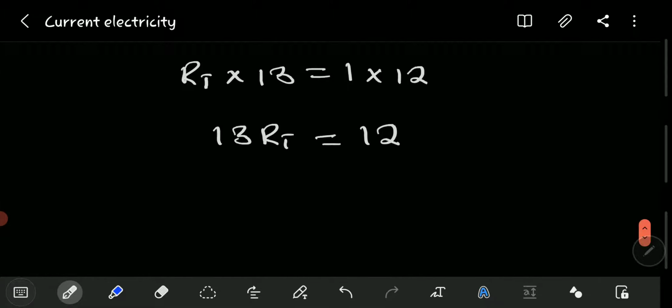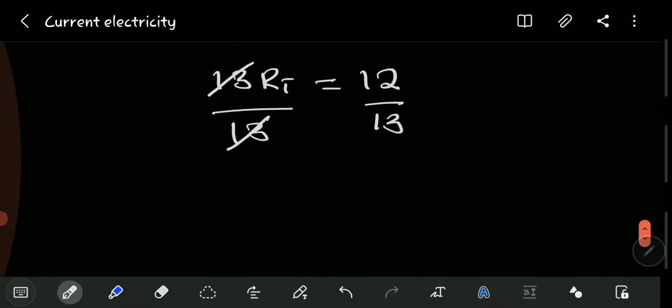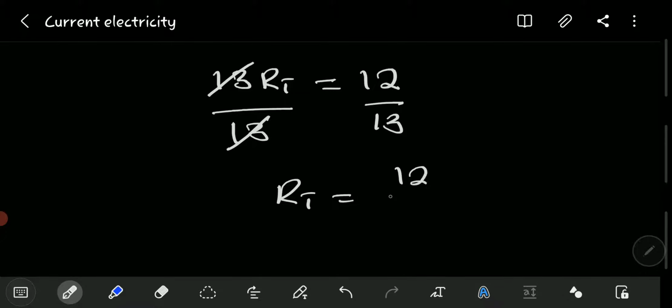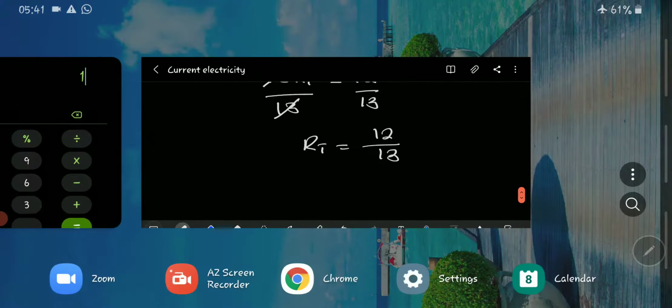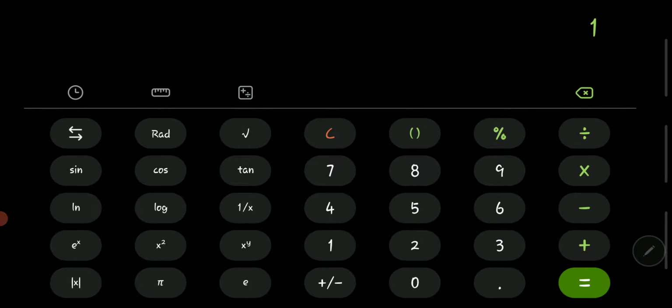Then we are now going to have to divide both sides by 13. So 13 there goes, and we remain with that. So our total resistance is equal to 12 divided by 13. What is 12 divided by 13? 12 divided by 13 is equal to 0.92.